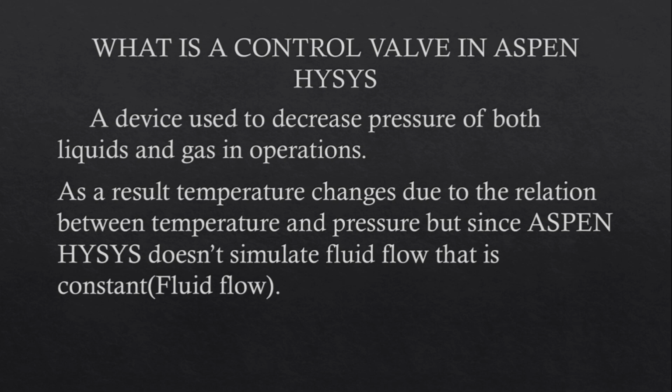In real life operation, if we have a valve which controls the fluid flow and it's closed, then we expect the initial fluid flow to differ from the final fluid flow. But in ASPEN HYSYS, it's not always like that because ASPEN HYSYS doesn't 100% simulate the fluid flow. It's hard to tell. So it majorly deals with the temperature and pressure parameters, even in our control valves, just like our pump.